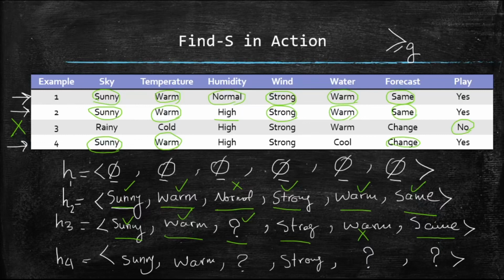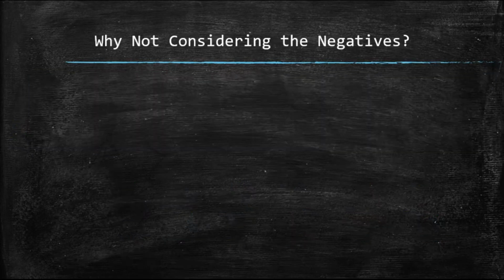Now, we need to focus a little bit more on this algorithm, so I'm going to explain a couple of bits. Now, the big question: why doesn't Find-S bother with the negative examples? To see why, remember that we started with H as the most specific hypothesis, right? But remember that at any stage during our exploration of our training examples, what is H?